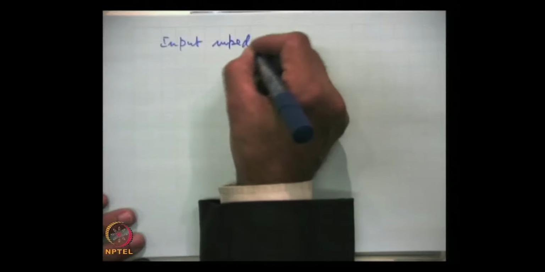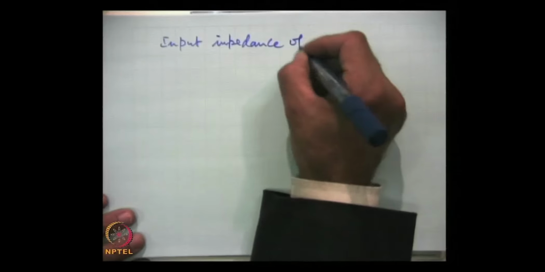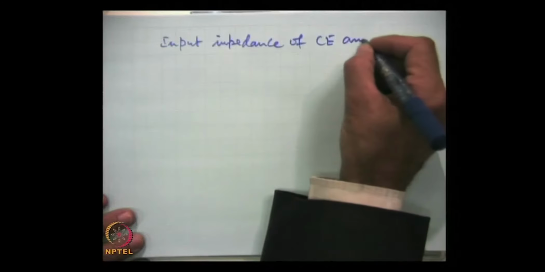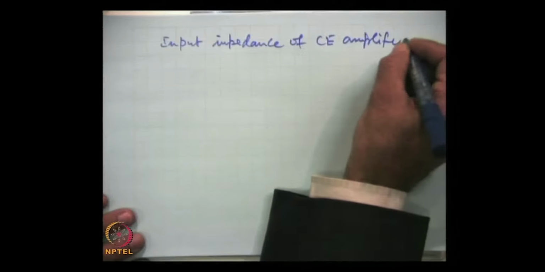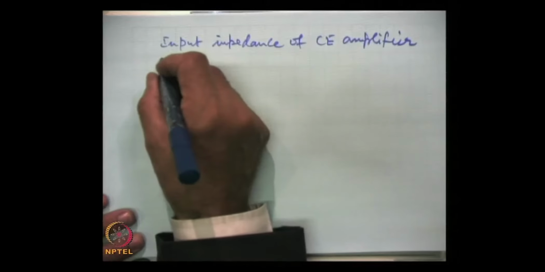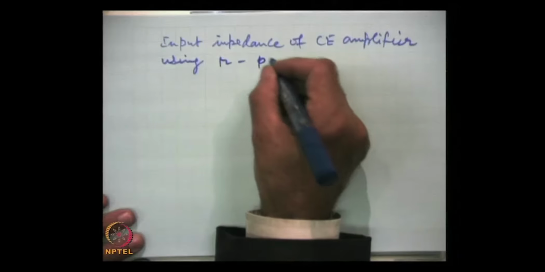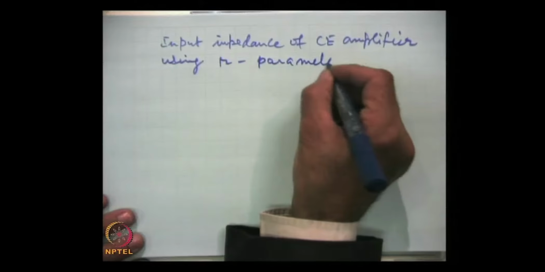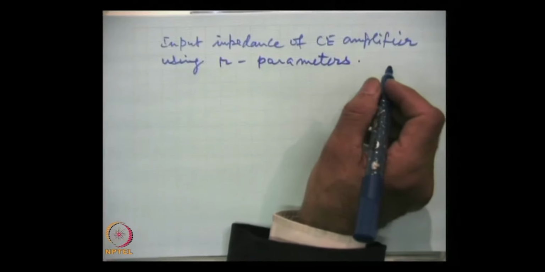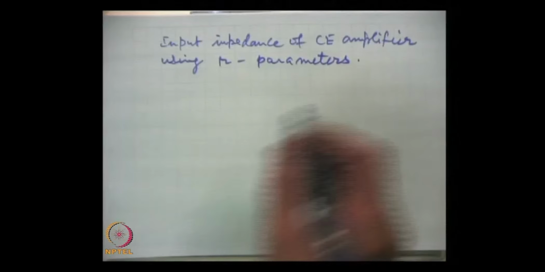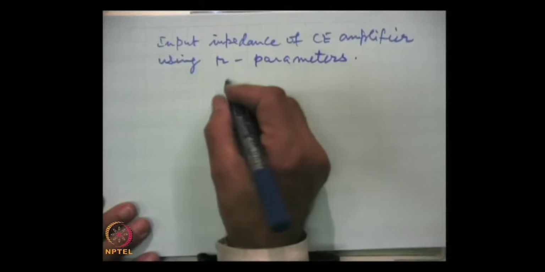Now, we take input impedance of CE amplifier, input impedance using r parameters. The circuit under consideration, I redraw.